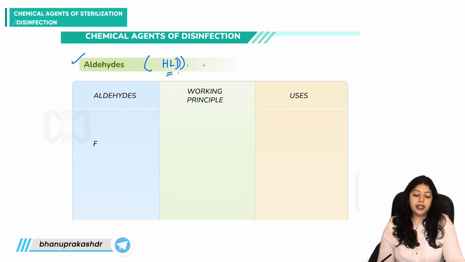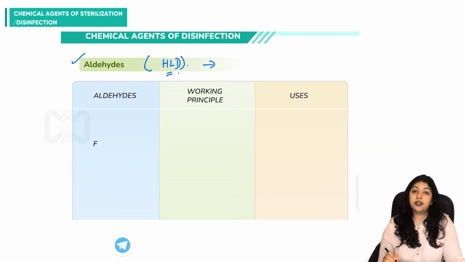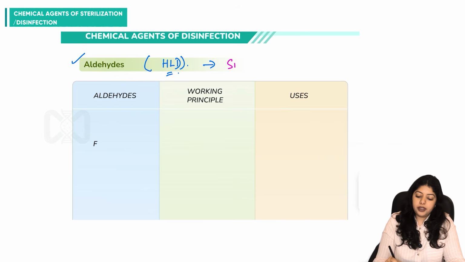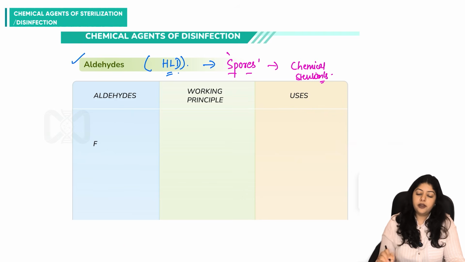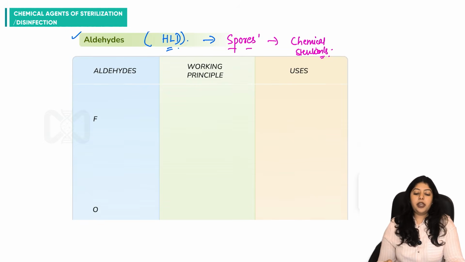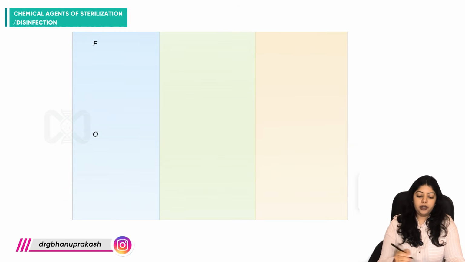Now these high-level disinfectants, the aldehydes, have sporicidal activity as well. They are able to destroy spores. So when they are able to destroy spores, we can classify them as chemical sterilants, right? We have already discussed the mnemonic FOG for fogging, which was done earlier in OTs.